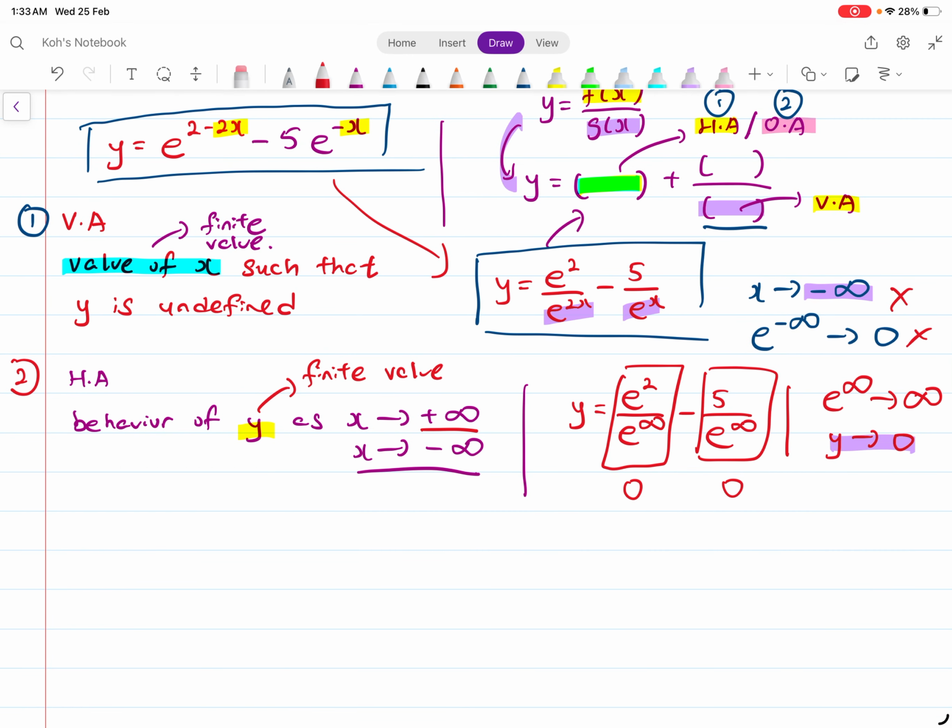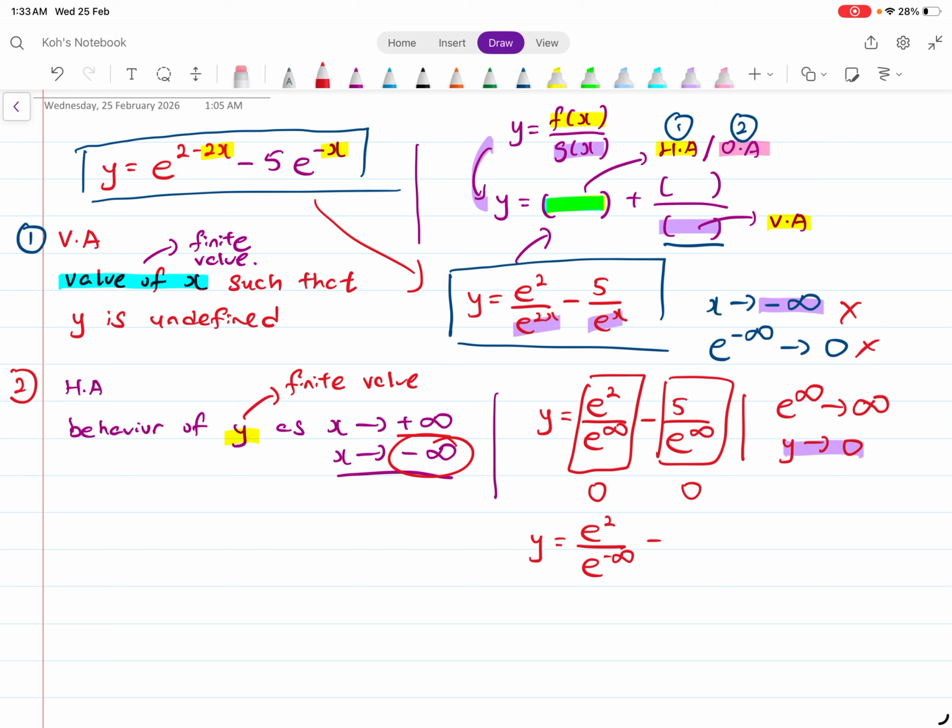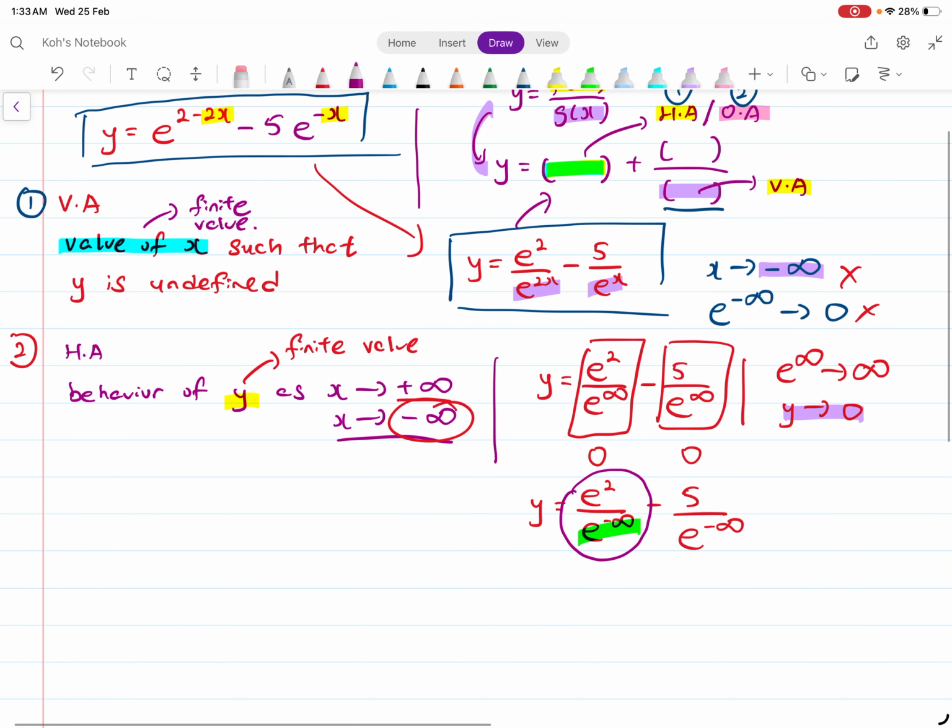Okay, so of course, let's determine x equal to negative infinity. y equal to e to the power of 2 over e to the power of negative infinity, minus 5 over e to the power of negative infinity. This e to the power of negative infinity, we know will be tending to 0, a very small value, such that the whole of this will be blowing up, tending to infinity.